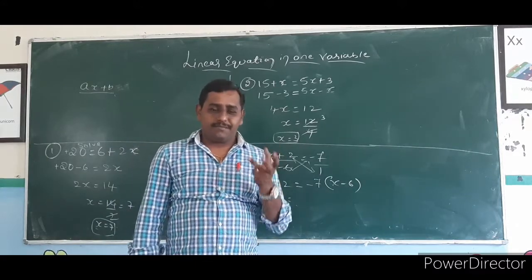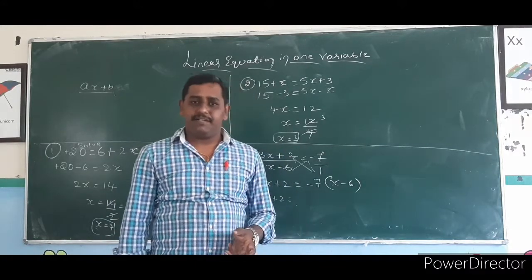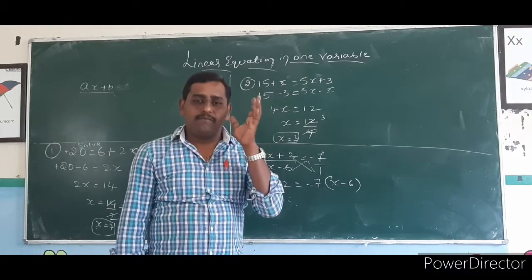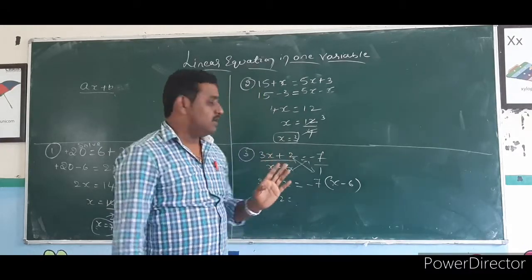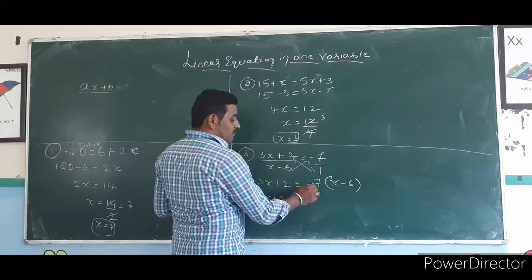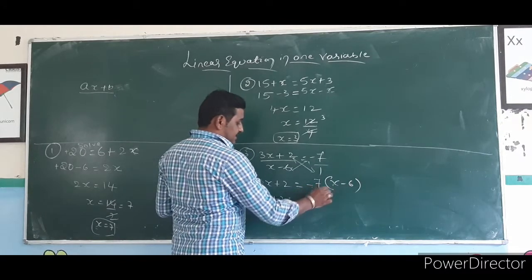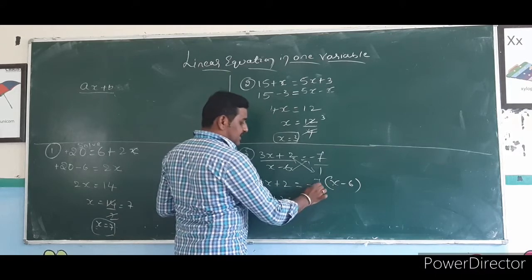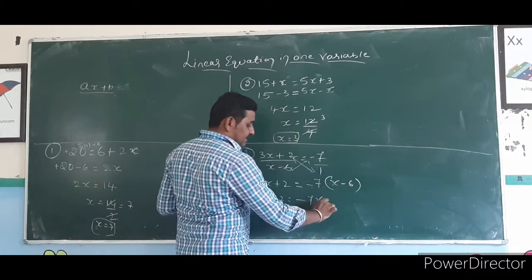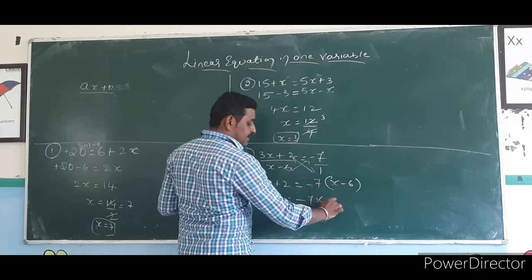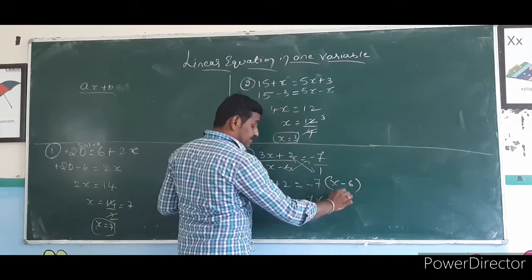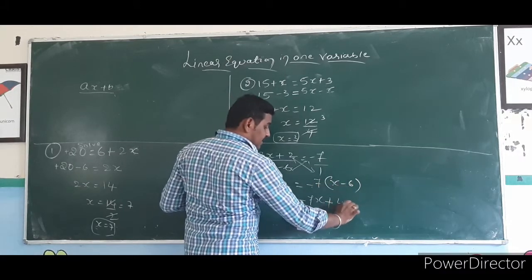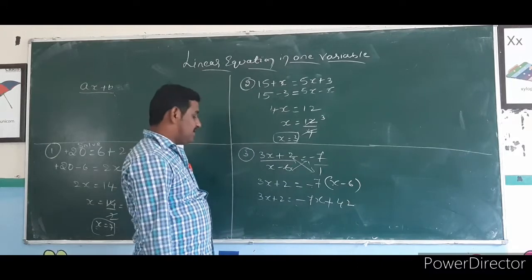If you make a mistake in sign multiplication, the whole problem will be wrong. So minus into plus, minus; 7 into x, 7x; minus into minus, plus; 7 6s are 42.